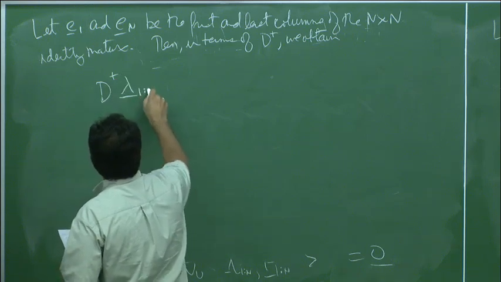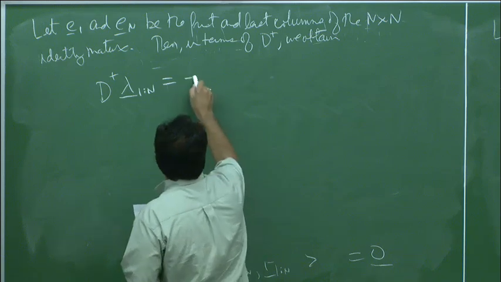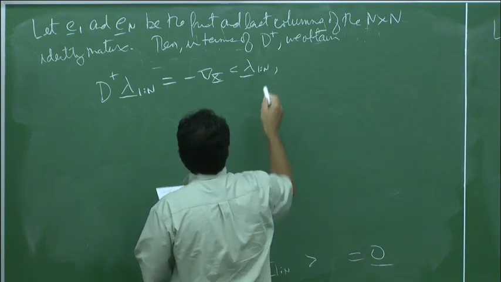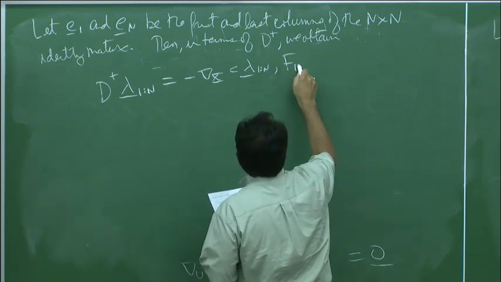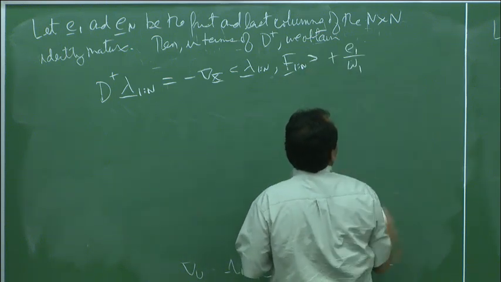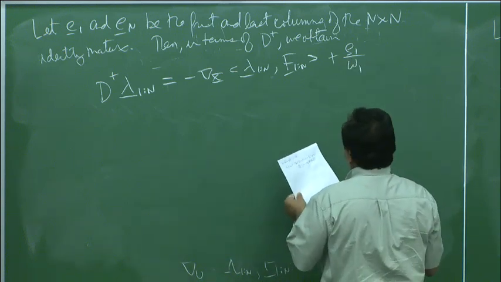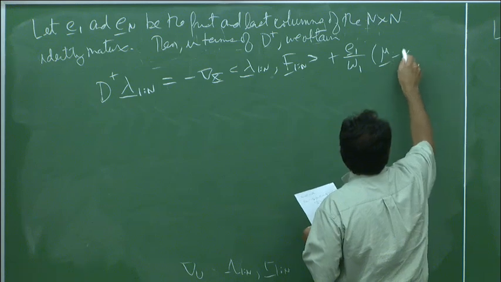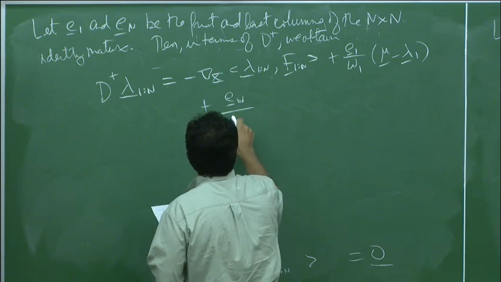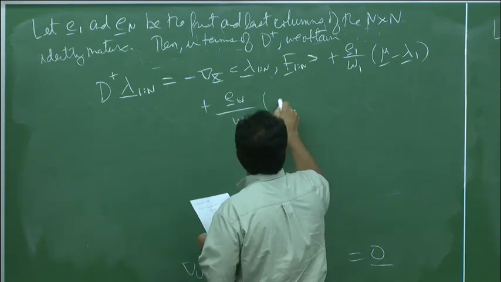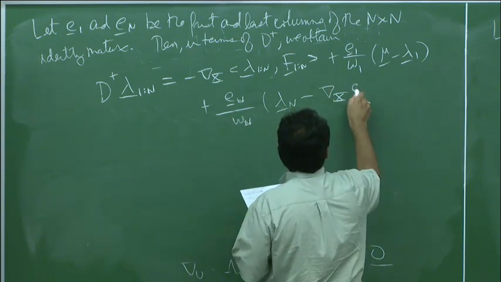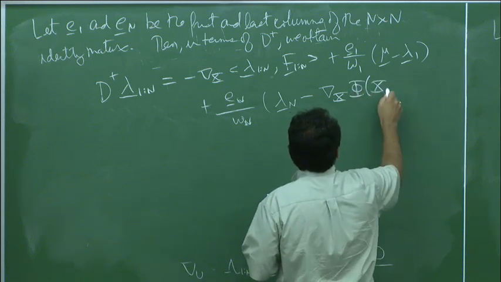lambda 1 colon n is equal to minus the gradient with respect to x of lambda 1 colon n with f 1 colon n. But now we've got these two terms that come in from the first and last columns of the identity matrix. And then I've got plus En all divided by Wn times lambda n minus gradient with respect to x of phi of xn.